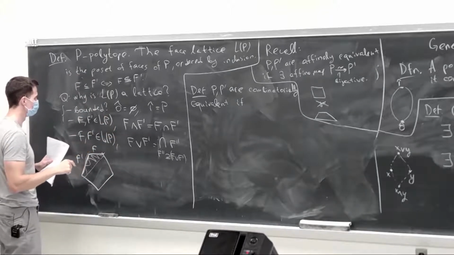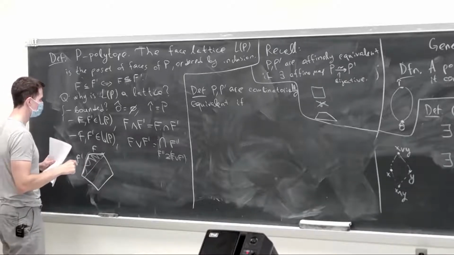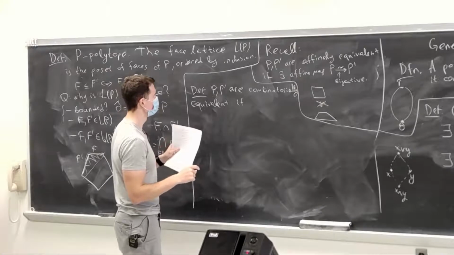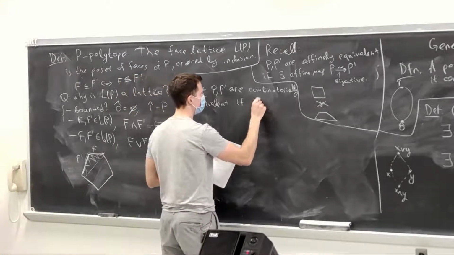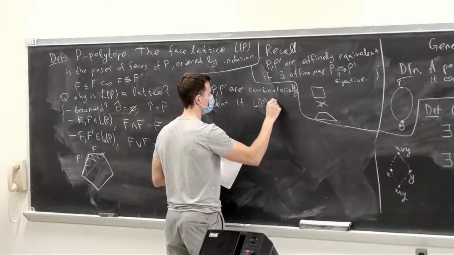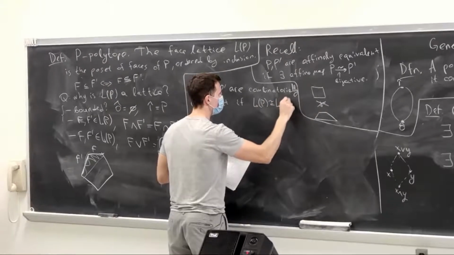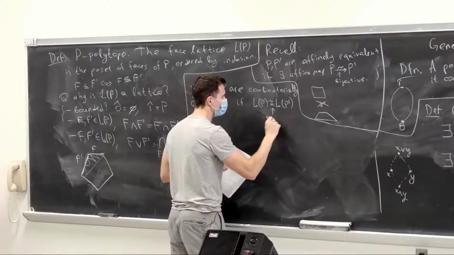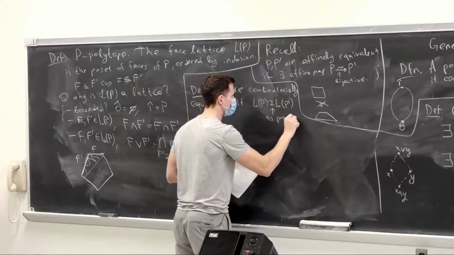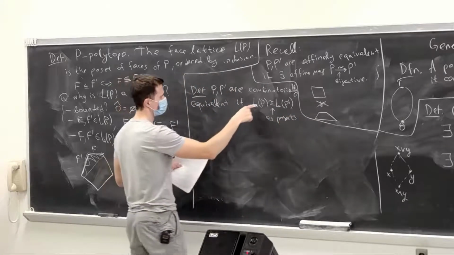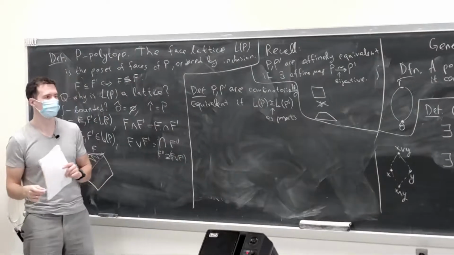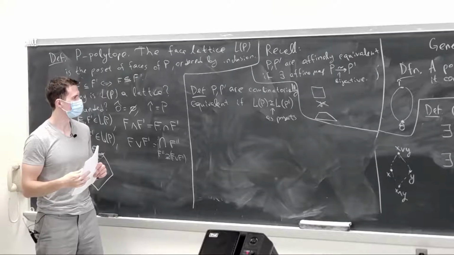All right, cool. So combinatorially equivalent if their face lattices are isomorphic as posets: there is a bijection which sends the faces of this polytope to the faces of that polytope, preserving the order relations.